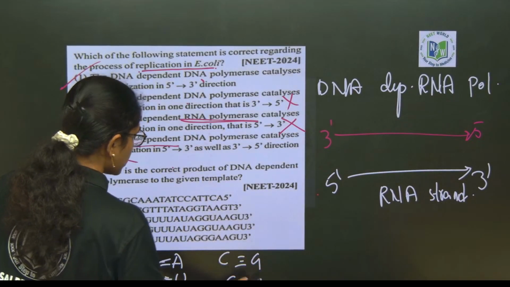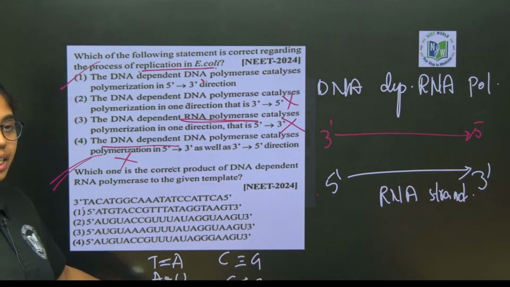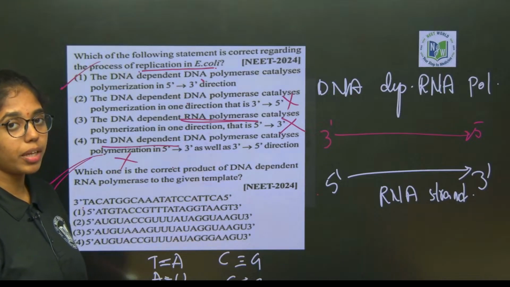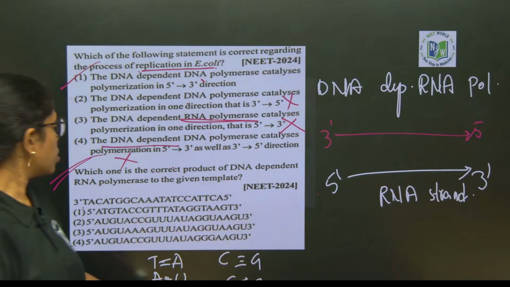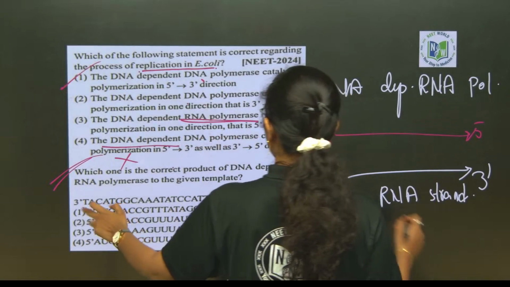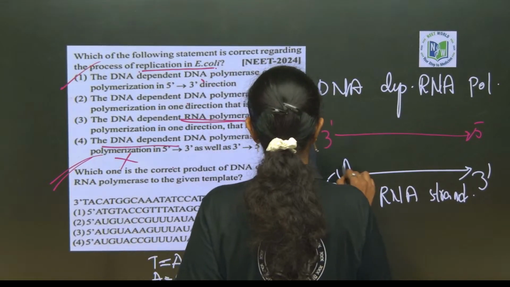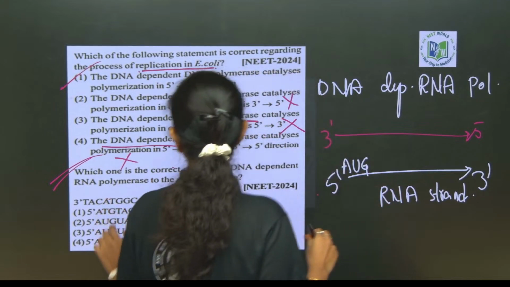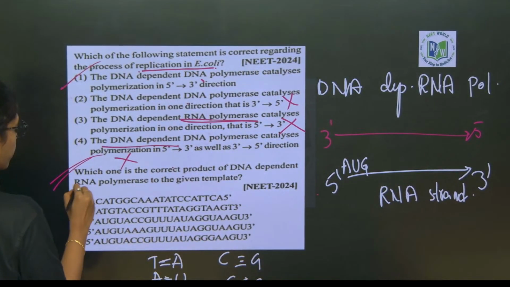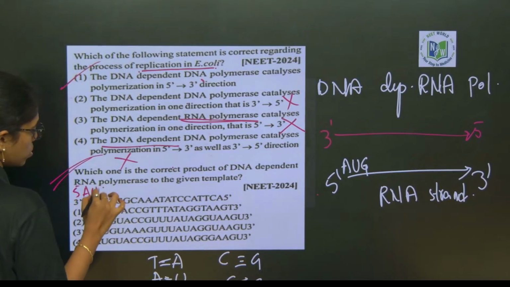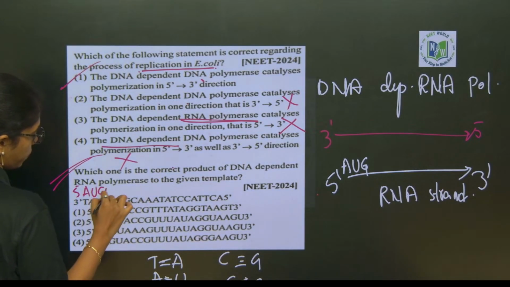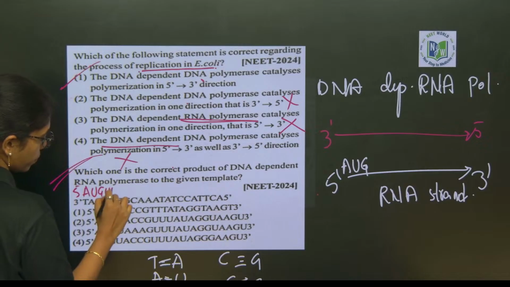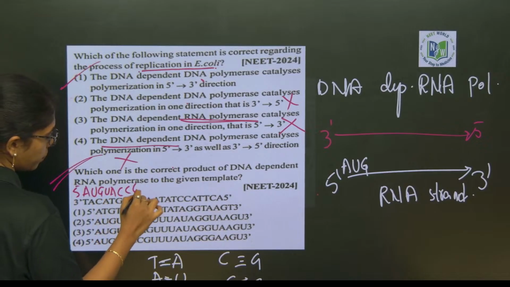Guanine with cytosine. Thymine is absent in RNA. In the place of thymine, you have to keep uracil. So here it is A, U, G, here only we can write from 5 prime to 3 prime. A, U, G, C, C, G.